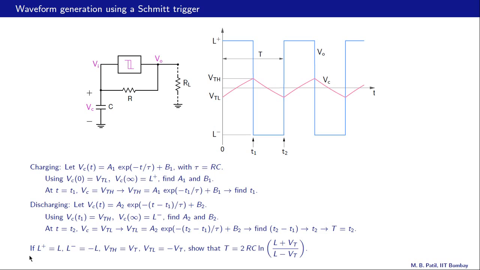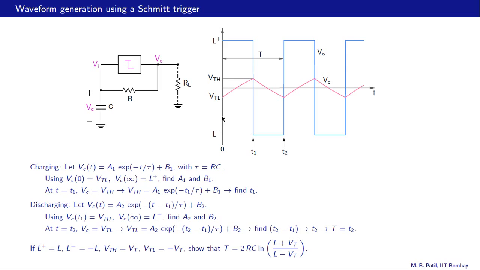So let us now take a special case. Let's say that L plus and L minus are equal in magnitude. For example, this may be 10 volts, this may be minus 10 volts. And VTH and VTL are also equal in magnitude. For example, this may be 2 volts and this may be minus 2 volts.